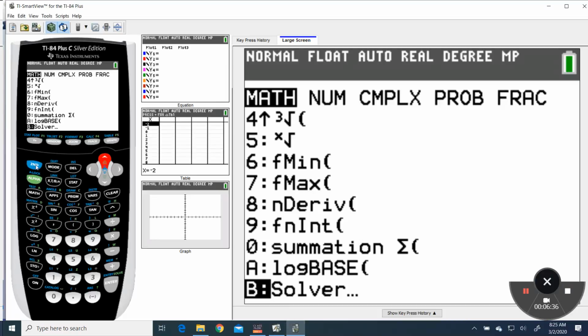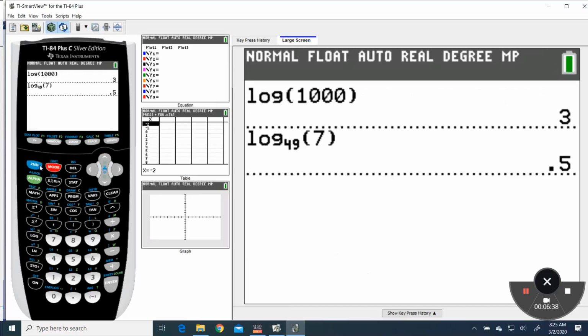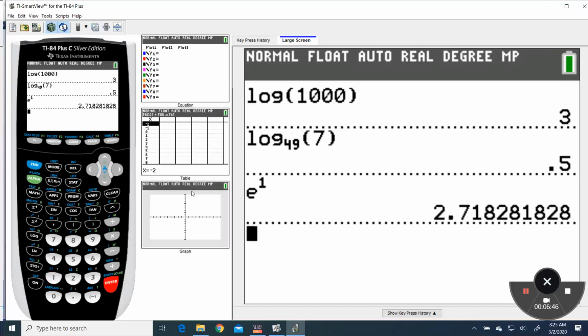E is a number. So if I go to my calculator, you know how pi is 3.14? If I hit second ln and I go e to the 1 power, 2.718. So e equals 2.718. Kind of like pi equals 3.14, right?